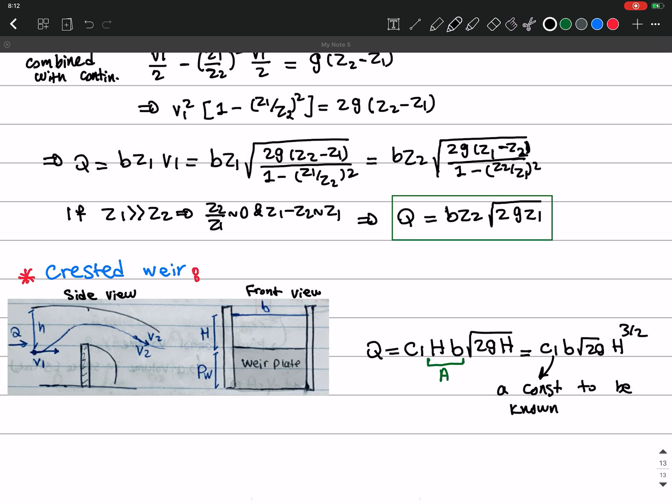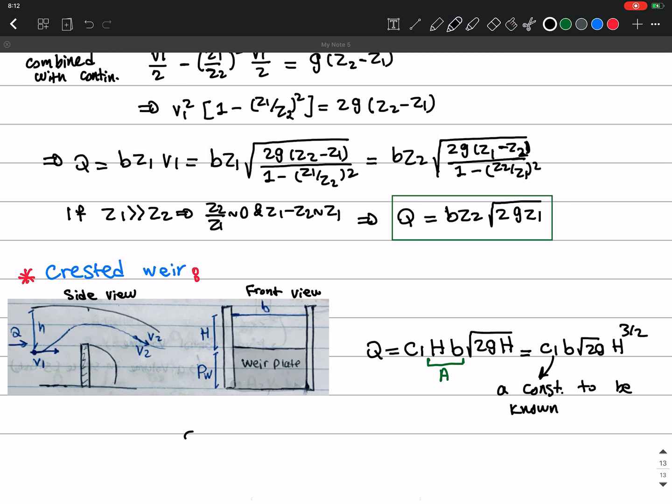It is an empirical constant that depends on the shape of the weir, right? For example, if you have a complete rectangle, it's going to be one value. If you have a triangular weir, it's going to be something else, or a circular one. These are all going to be different. So it's a constant to be known.